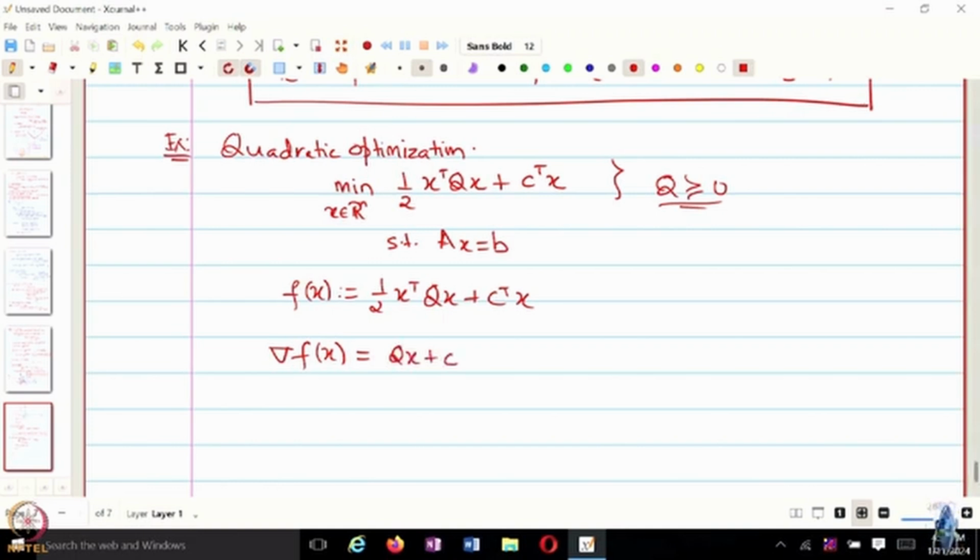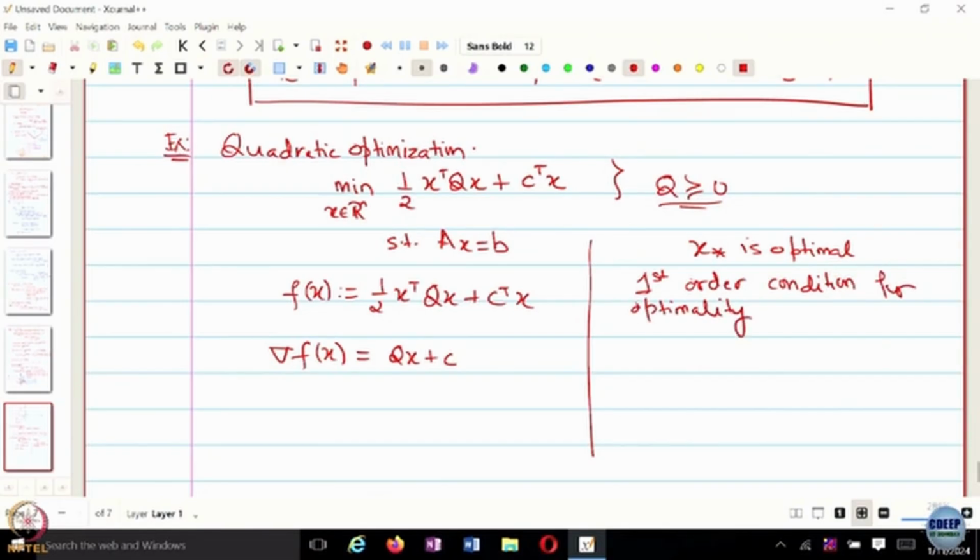The first order condition for optimality is, let us say x star is optimal. The gradient of f of x evaluated at x star, that means Qx star plus c, transposed and multiplied with y minus x star, should be greater than or equal to 0 for all y in the constraint set.